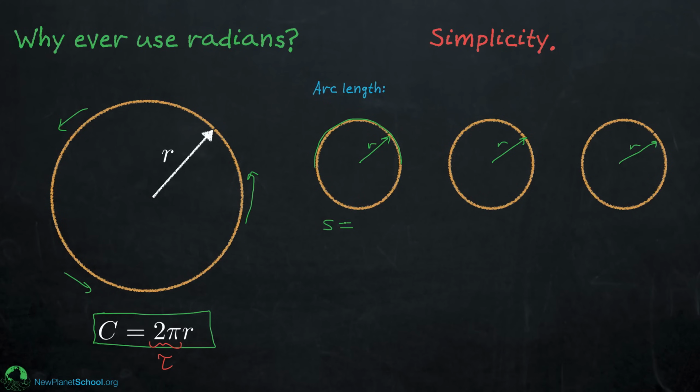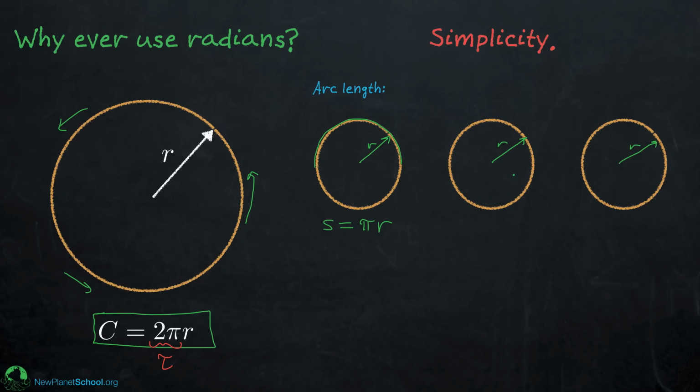Well, in general, measuring the length of a curve like this requires calculus, and it's pretty complicated to do that. But we don't want to use calculus here. So what can we do? Well, it's pretty obvious what we do. We know that the distance all the way around is 2 pi r. If this is halfway around, obviously, that arc length is pi r.